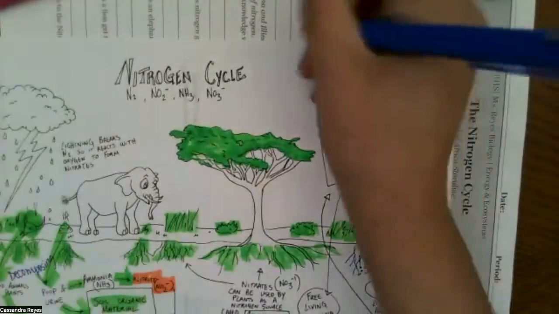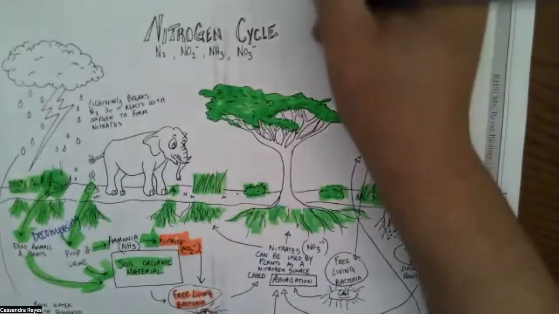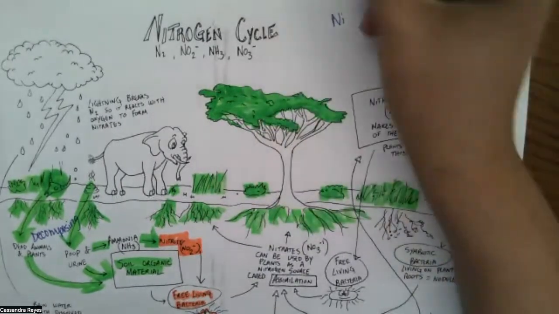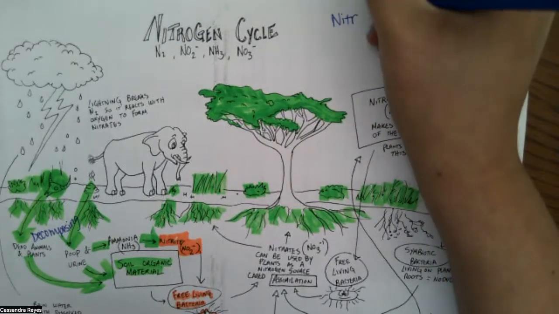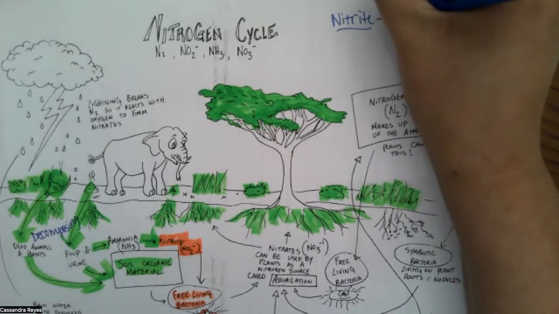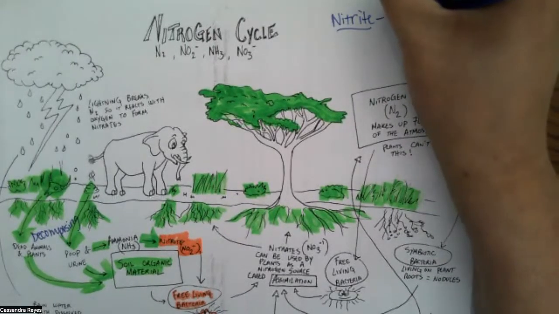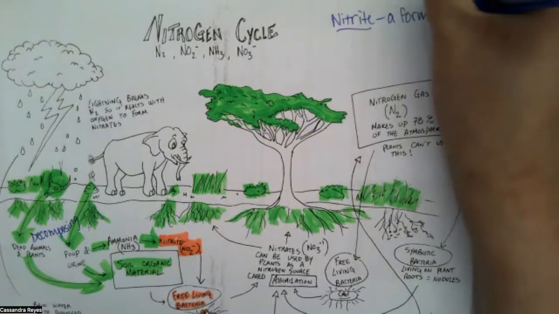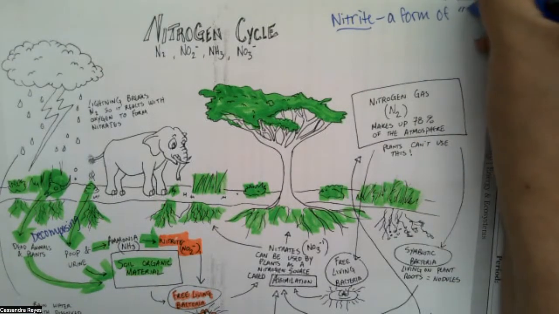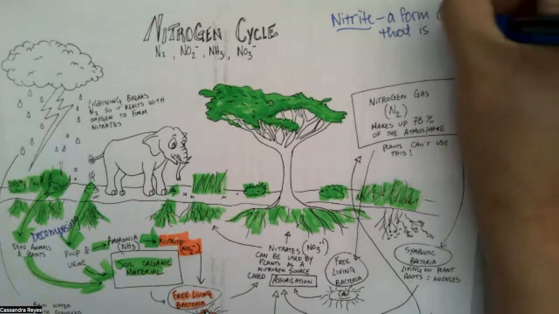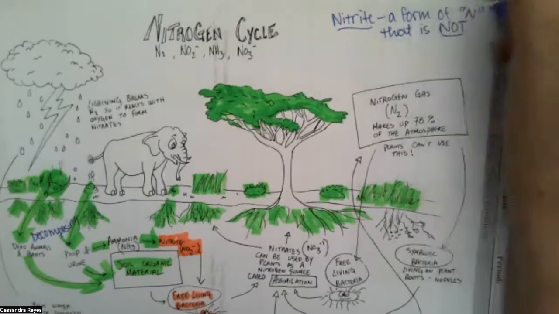Okay, so a nitrite is a form of nitrogen that is not usable.